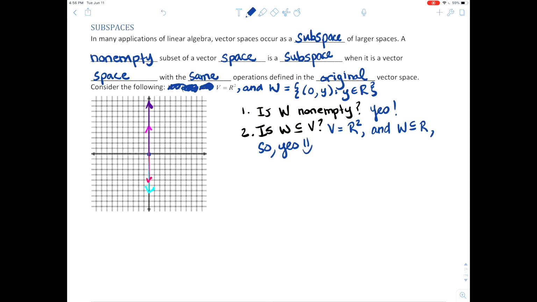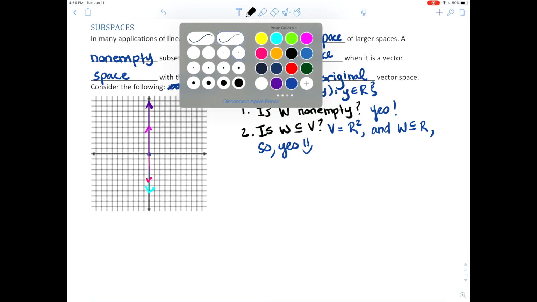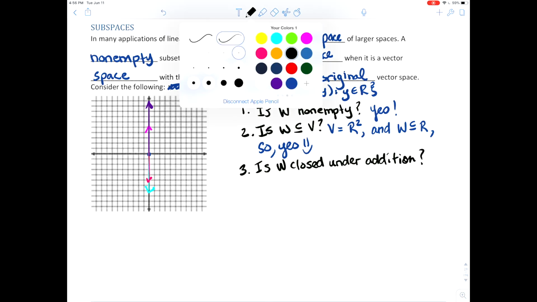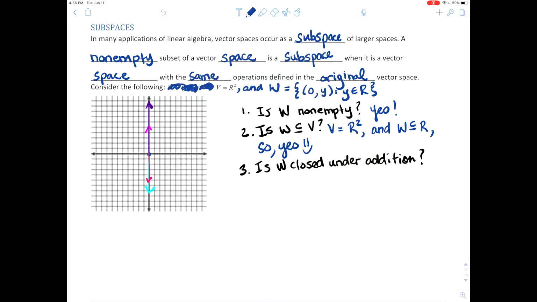Actually, it doesn't have to be larger. Remember, a set can be a subset of itself, just FYI. So now we just need to show closure under addition, and then closure under scalar multiplication. Okay, so let's take a look about closure under addition.